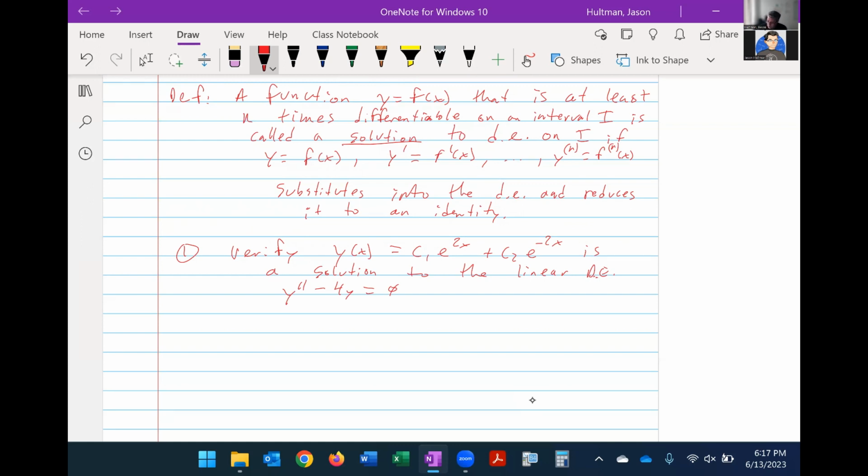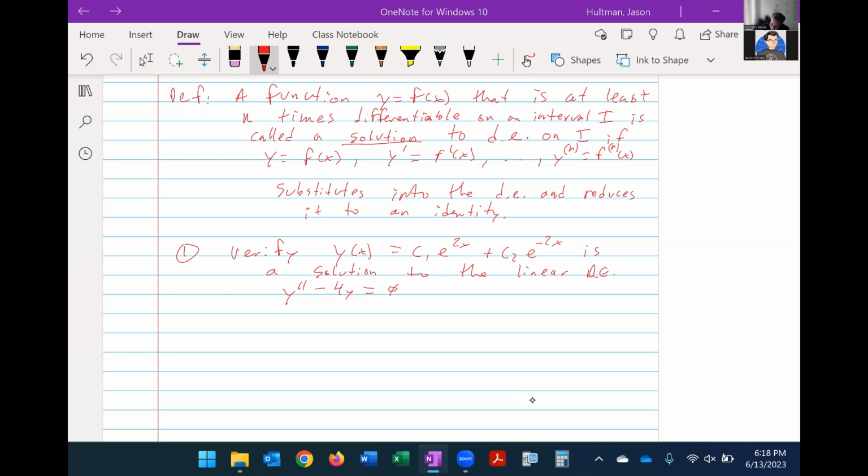Well, we could take the first and second derivatives and see that we get something equal to 0 by plugging it in. Actually, we only need the first derivative to get to the second derivative, because we don't have a first derivative in our equation. We just have y double prime minus 4y is equal to 0.